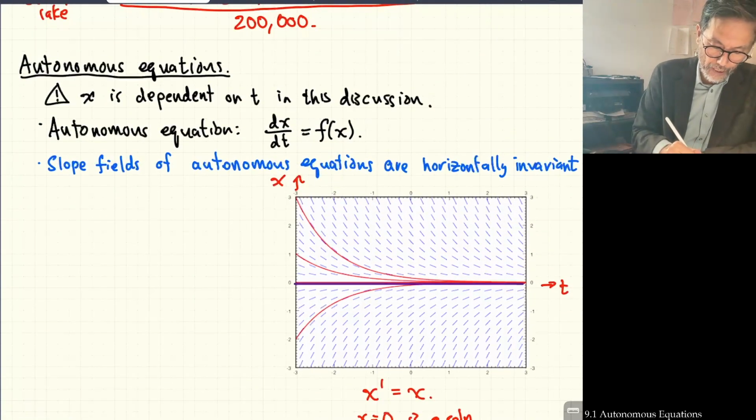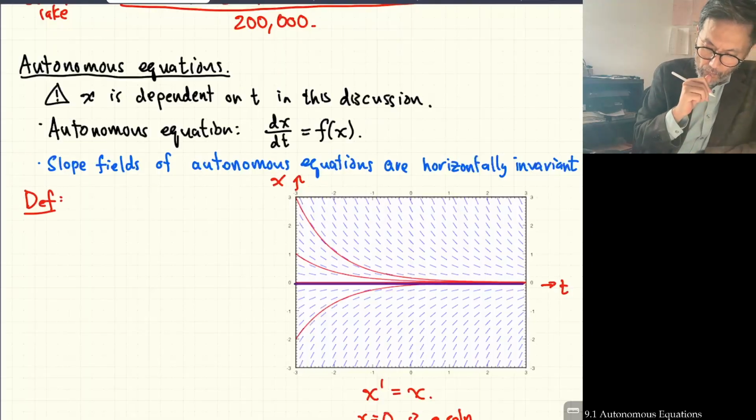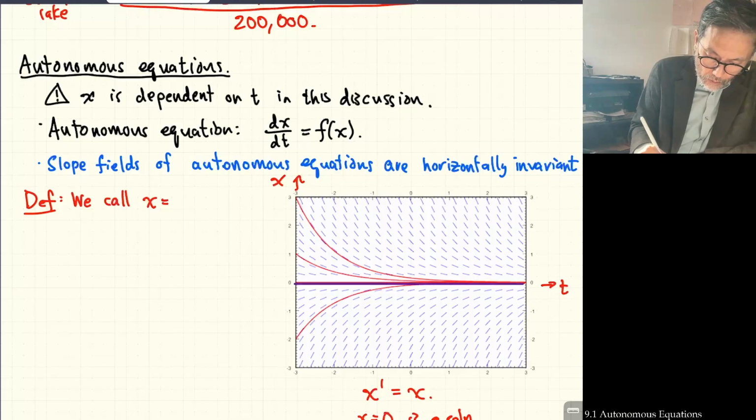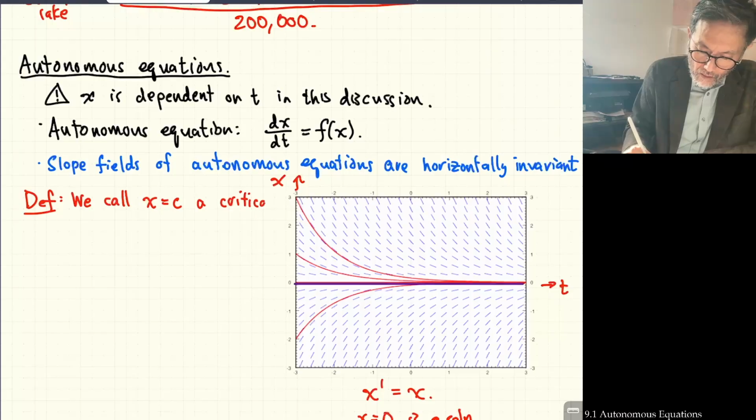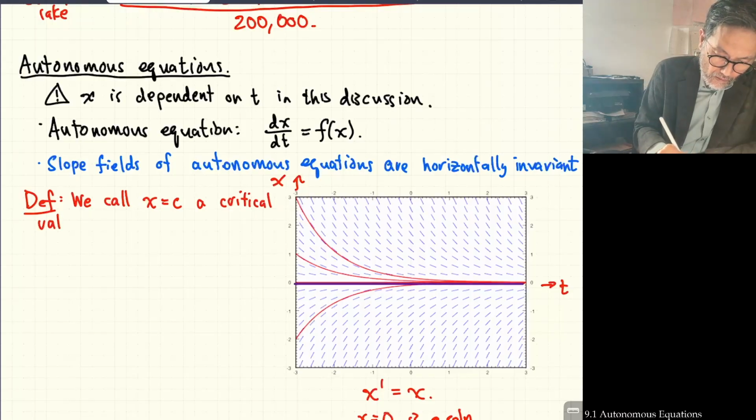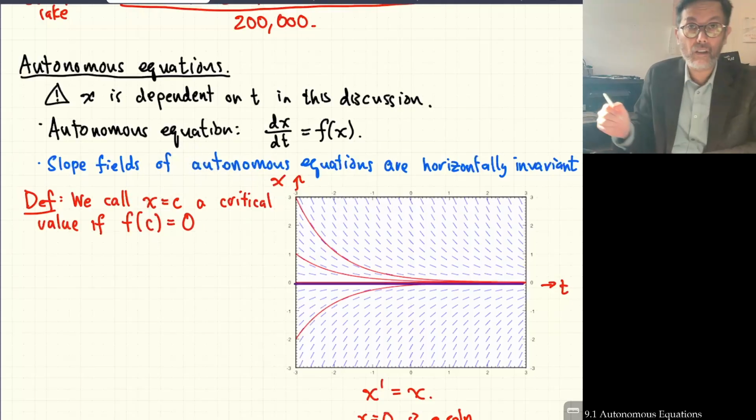So we make the following definition. We call x equal to c a critical value if f of c is equal to 0.